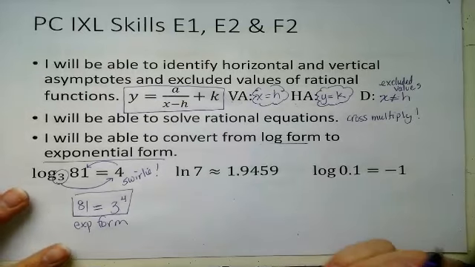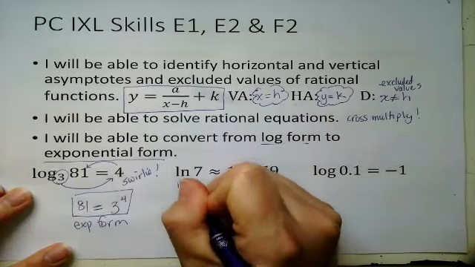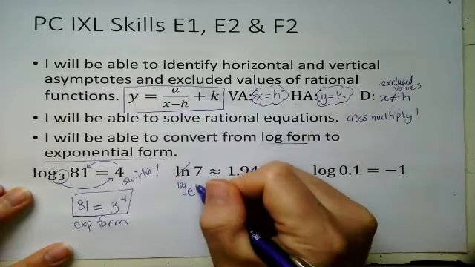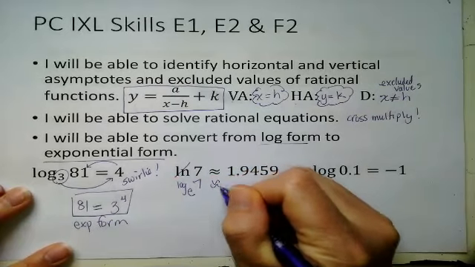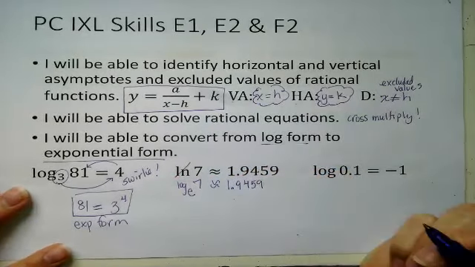and I wanted you to remember that natural log is the same as log base e. So another way, instead of writing natural log, we could write log base e of 7 is approximately 1.9459.